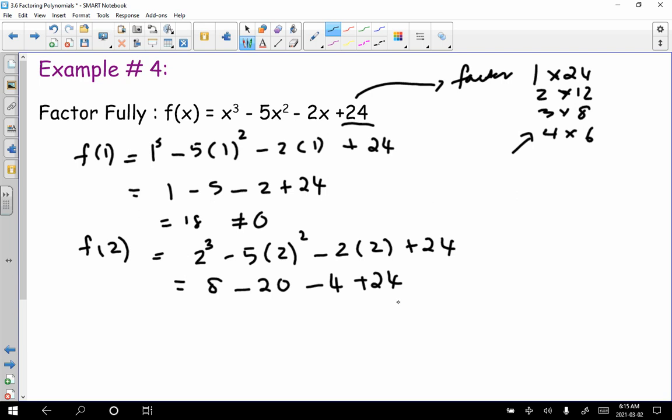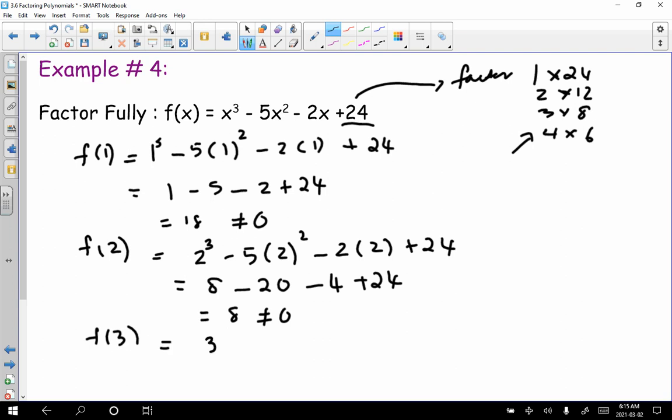So 8 minus 20 is negative 12, minus 4, plus 24 is 8, which is again not equal to 0. So you can see 1 and 2 didn't work. So we always try from the small numbers and hope that they work so we don't have to go to the large numbers. So let's try the next one, f of 3.